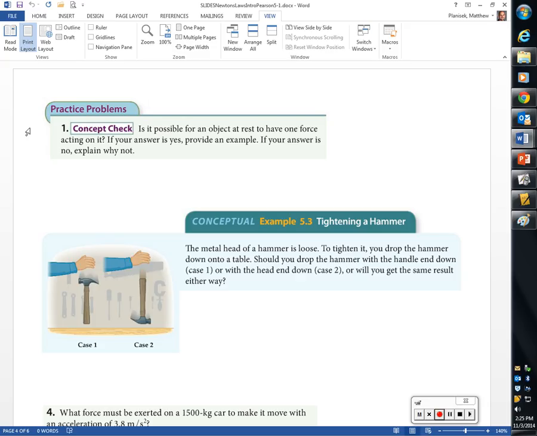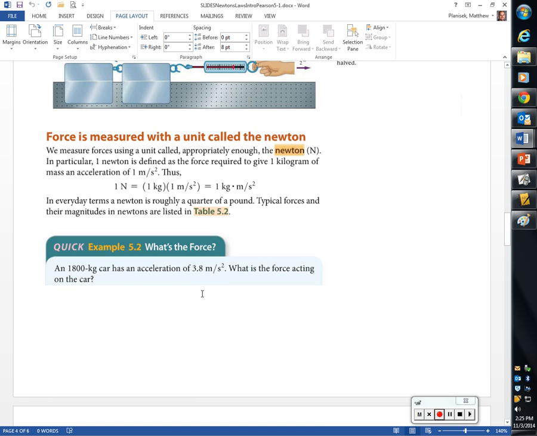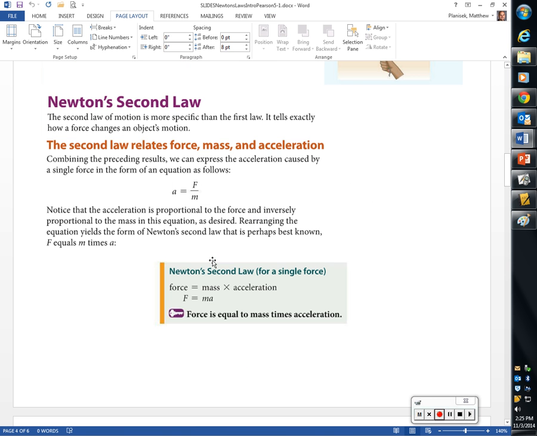Okay? Good there? That then brings us to the second idea that we introduced on Friday, Newton's second law. If Newton's first law can be summarized in one word, inertia, Newton's second law can also be summarized in one word, maybe not as neatly. What does Newton's second law tell us about?